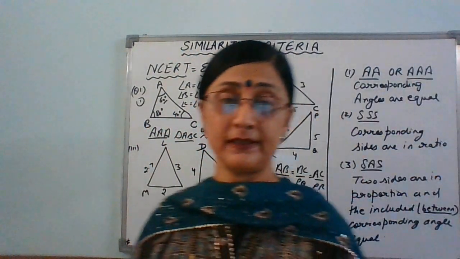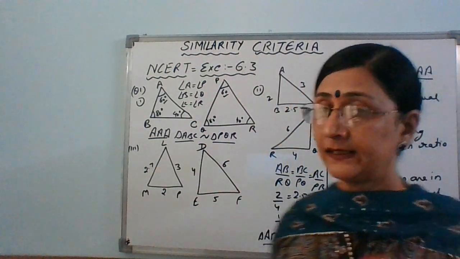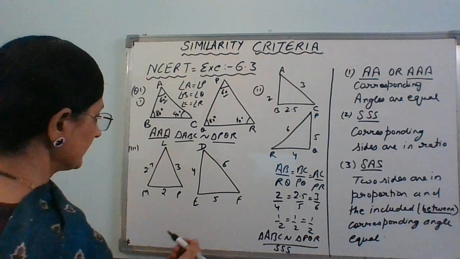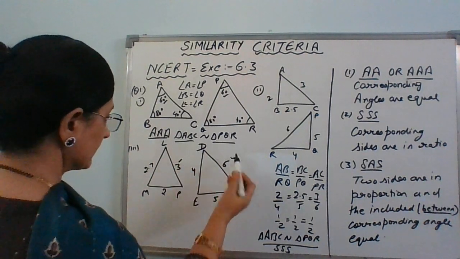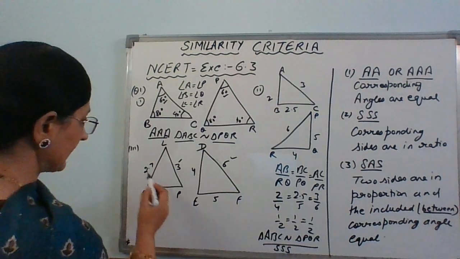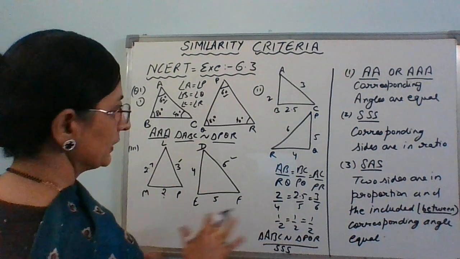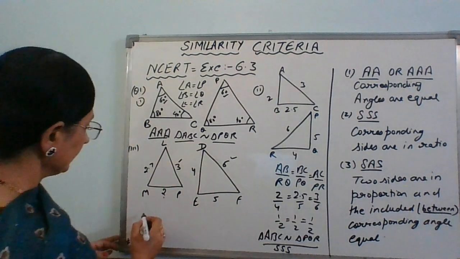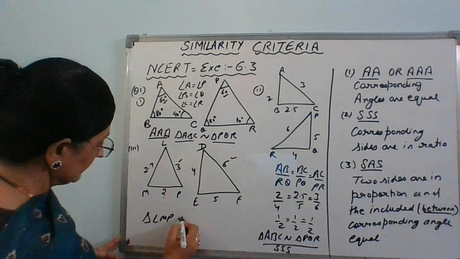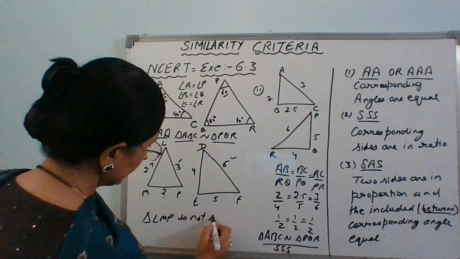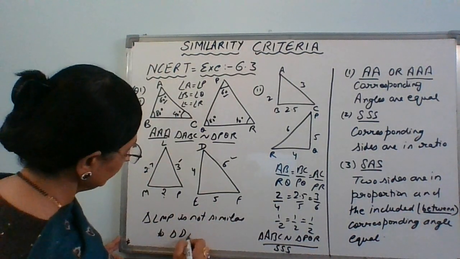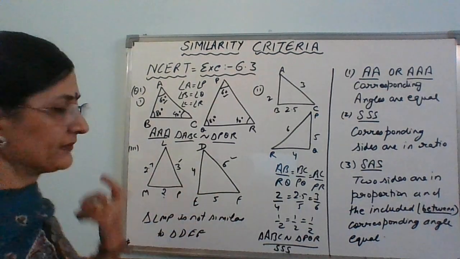Now let us see whether these two triangles are similar. Does any criterion fit here? Let us see the sides first. 3 doubled is 6, okay. But 2 doubled is not 5, and 2.7 doubled is not 4. So no criterion fits here. So we will say that triangle LMP is not similar to triangle DEF because here we don't have the angles.